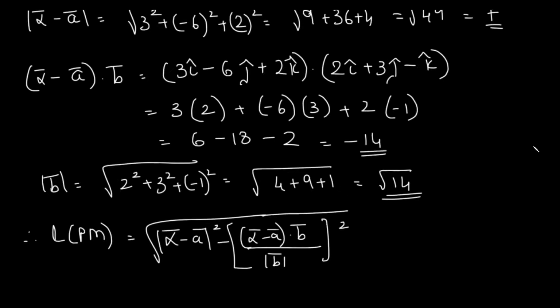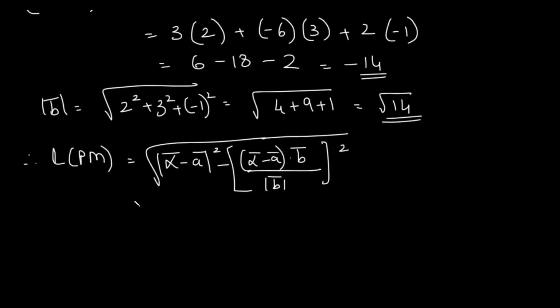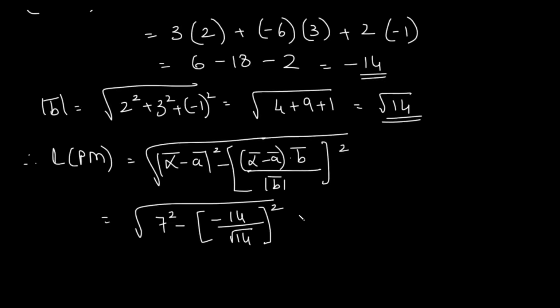So all these answers we have with us now. In this case, mod alpha minus a was 7 actually. So 7 square minus, alpha minus a dot b was minus 14, so minus 14 upon mod b, which was root 14, the whole square.